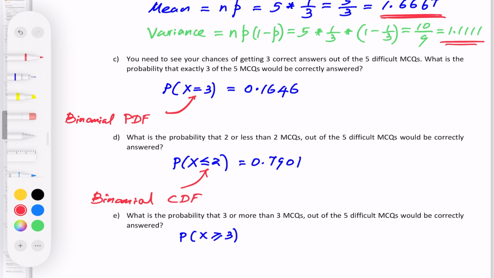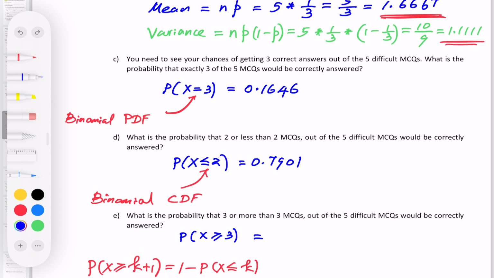So what is that equation? If you have to find a probability that x is greater than or equal to k plus 1, this is going to be equal to 1 minus probability x less than or equal to k. Now, for this example, we know that k plus 1 is equal to 3.